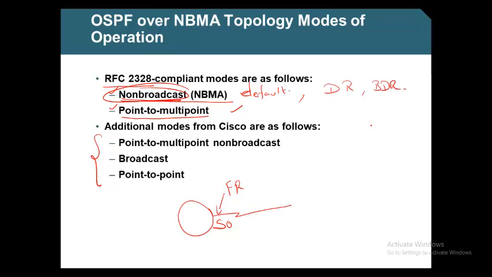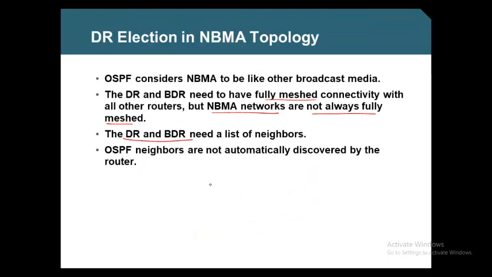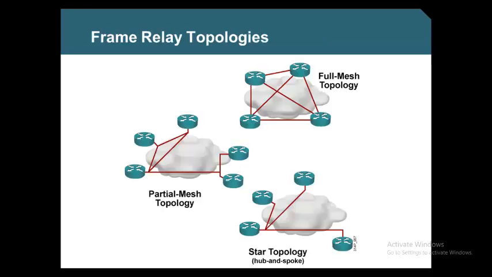We just saw, not always full mesh. It's very costly, frankly. For each link, you need to pay money. Let's say for this link, I pay 2 lakh. I need to pay 2 lakh for every link for full mesh. If it is hub and spoke, I pay only 6 lakhs: 2 lakh, 2 lakh, 2 lakh.